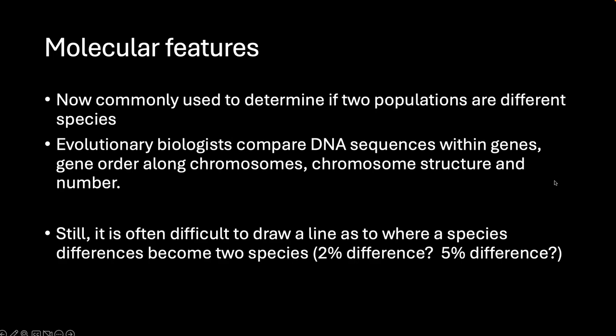The last one that we will dive into uses molecular features, which is to say differences in DNA sequences, chromosome structure, and even protein sequences in some cases. This technique would again seem straightforward as organisms either have a mutation in a specific position in a gene or they don't.